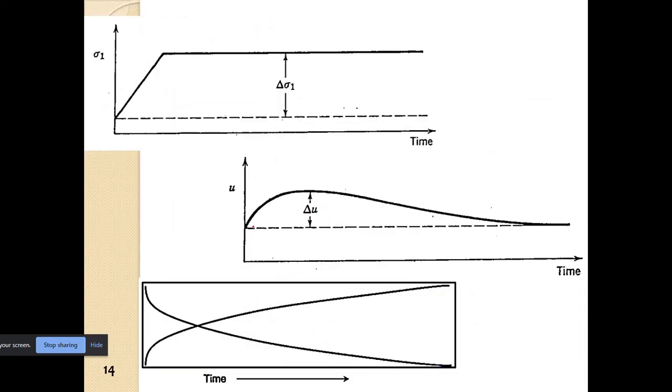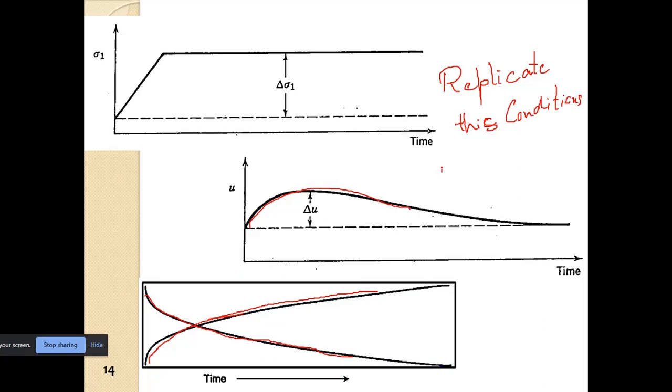Now, as it gradually dissipates with time, the effective stress within the soil will increase. Now, we need to replicate these conditions in the laboratory.